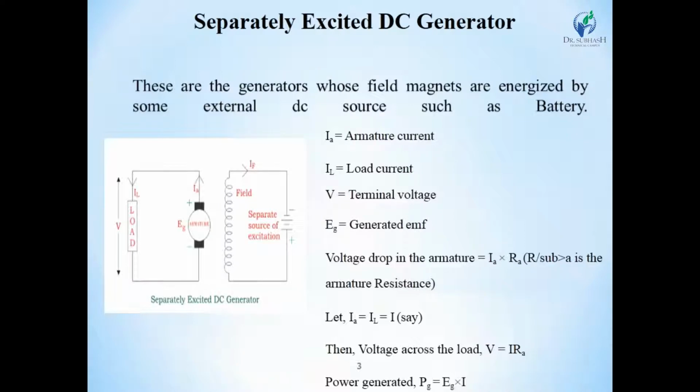Here is the first slide: separately excited DC generator. The field winding is connected to the external DC source. There is no physical connection between armature and field winding. The armature is driven mechanically by a prime mover.